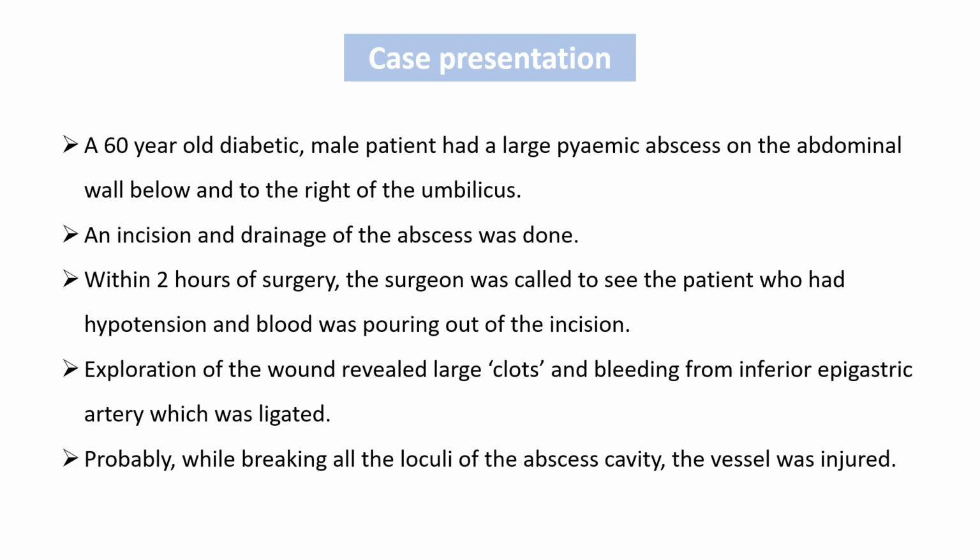As I mentioned, the blood supply of the anterior abdominal wall is the superior epigastric artery and the inferior epigastric artery. The inferior epigastric artery is seen within the rectus sheath. So when draining the abscess, when the inferior epigastric artery was torn by mistake, you could see this patient was bleeding profusely.